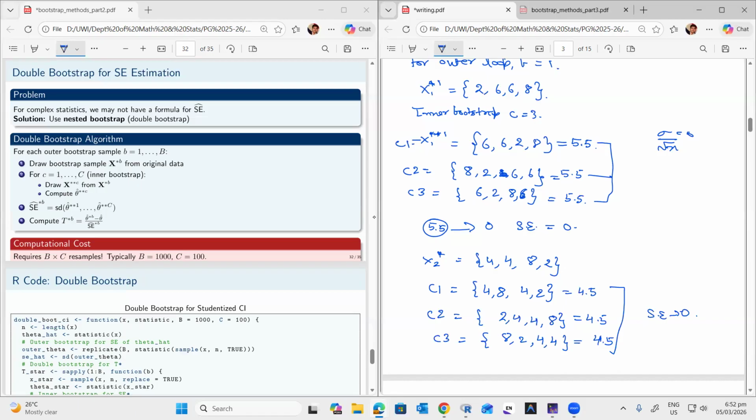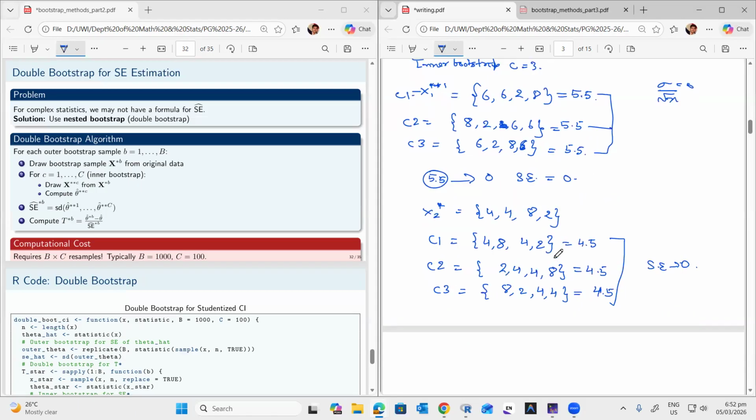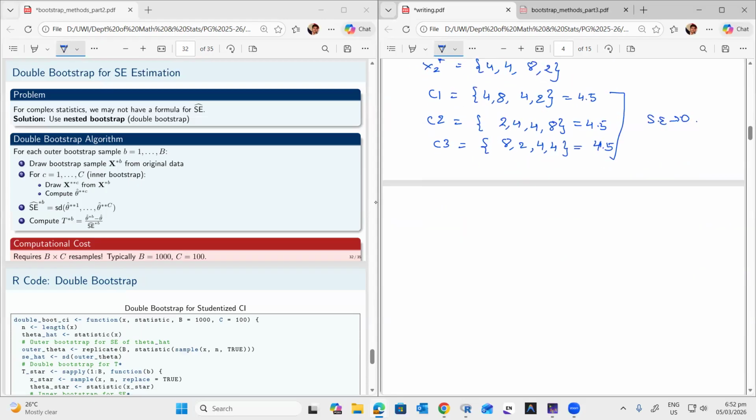So similarly for the third one, if I take the sample with replacement, my x3 can be 8, 8, 8. Is this possible when I take the sample with replacement?